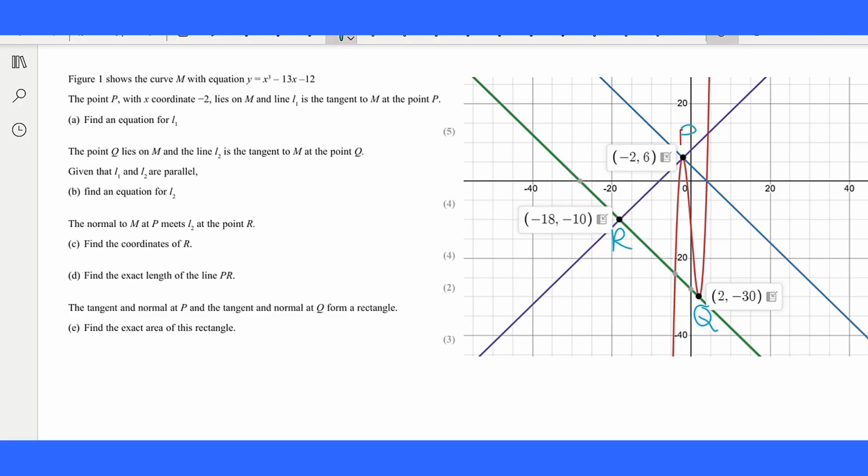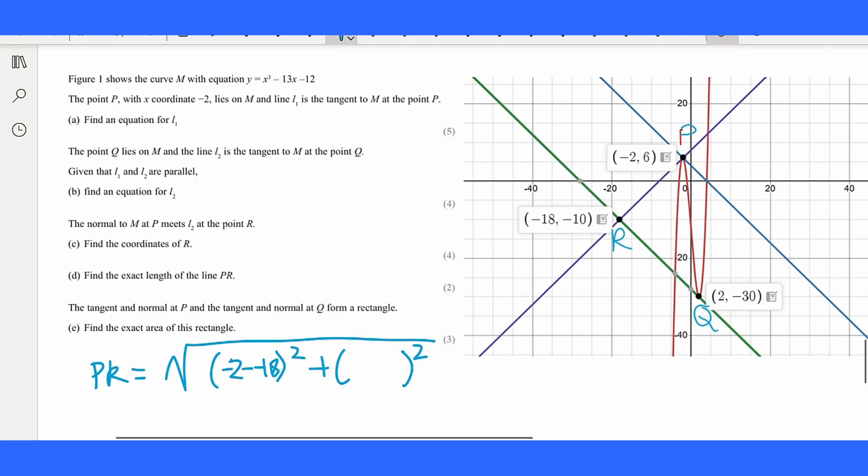PR equals the square root of x1 minus x2 squared plus y1 minus y2 squared. The coordinate of P is negative 2, 6, and the coordinate of R is negative 18, negative 10. So we just have to count and rearrange the equation.